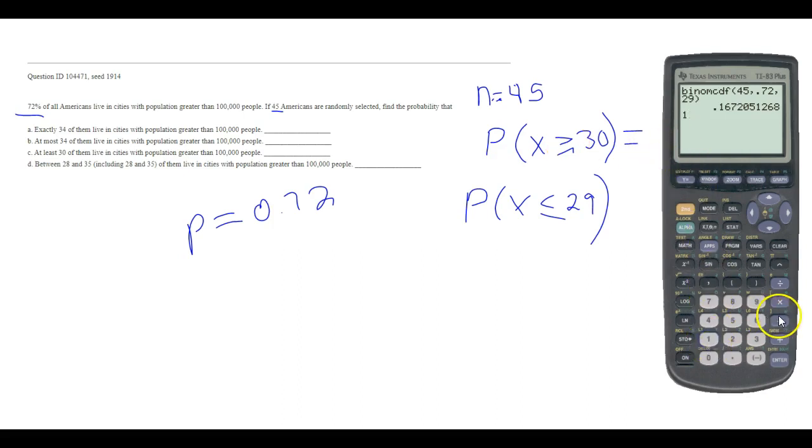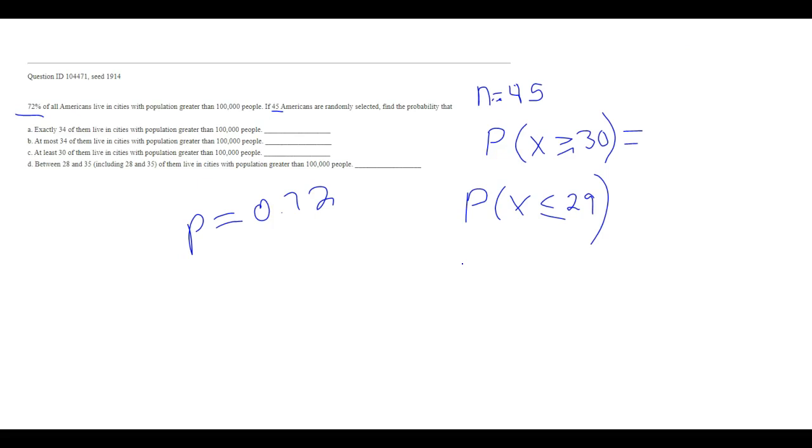So I'm going to do 1 minus this answer. I went second answer, that way I don't have to type it in. And hit equals, and it looks like it is 0.8328 if I round to 4 decimal places, depending on what you're asked to round to.